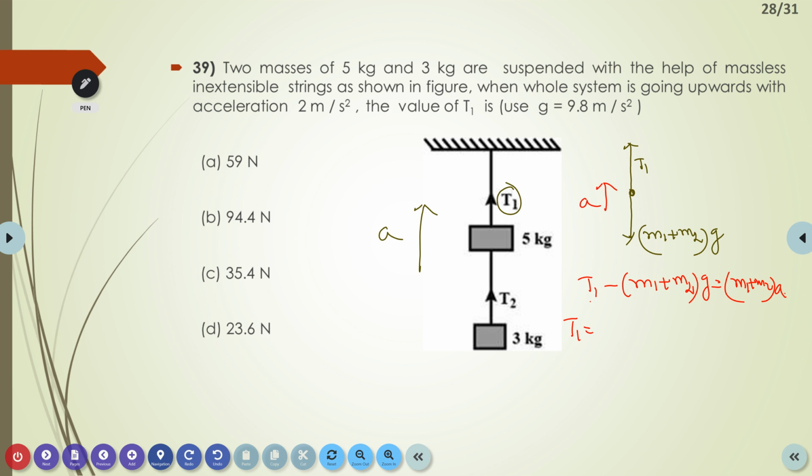Simplify it. T1 equals, I will transfer it to the right side, (m1 plus m2) into g plus (m1 plus m2) into a.